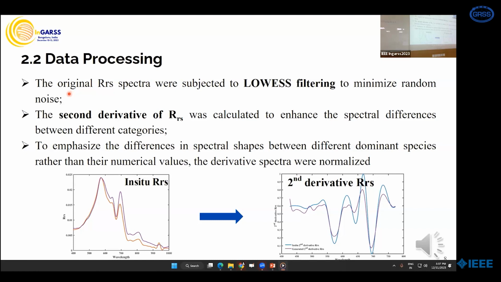Third, to emphasize the differences in spectral shifts between different dominant species rather than their values, the derivative spectrum was normalized. Therefore, the normalized second derivative remote sensing reflectance spectra were used to study the data augmentation method.